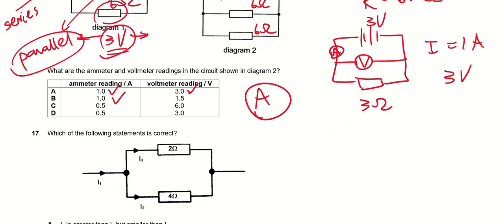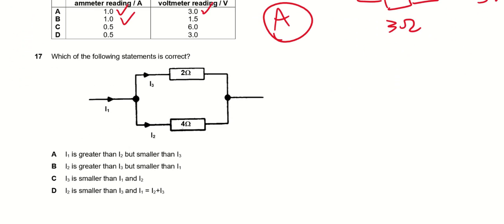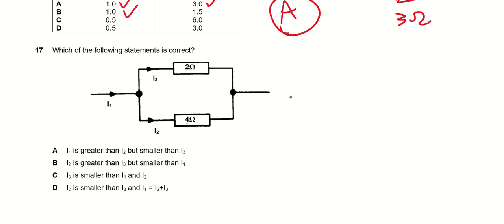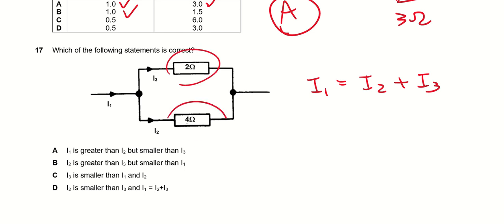Which of the following is correct? The next question. I1 is equal to I2 plus I3. In fact, I think we have seen this question somewhere in a previous question, whereby I have 2 ohm and 4 ohm. Do you still remember, if I have a larger resistance, I will have a smaller current. Therefore, I2 will be smaller than I3 because here is a smaller resistance.